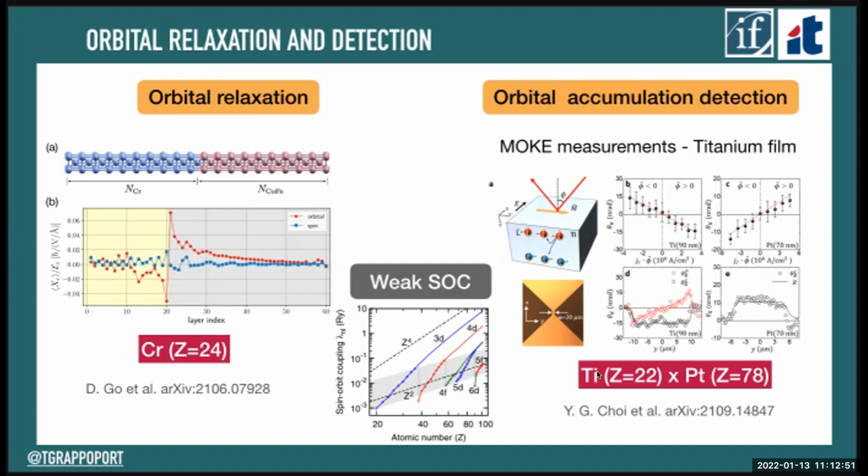So the strategy in 3D metals, where the first experiments are coming up, is the use of light metals with very weak spin-orbit coupling, so that if anything sizable is detected, it cannot be related to spin. It's a little bit more tricky than that, but I don't want to go into details. And basically, that's the main idea.